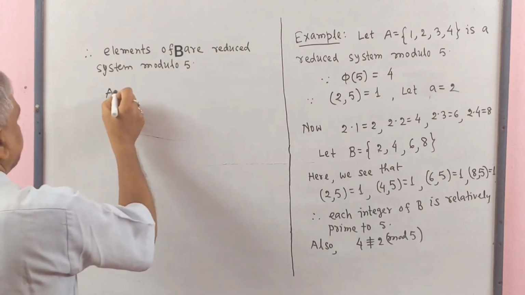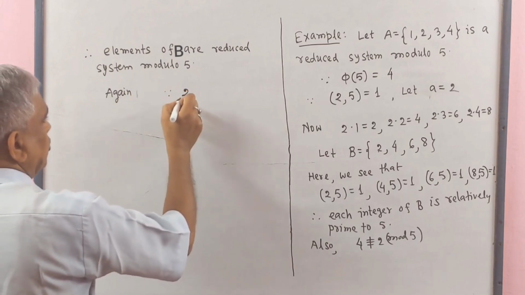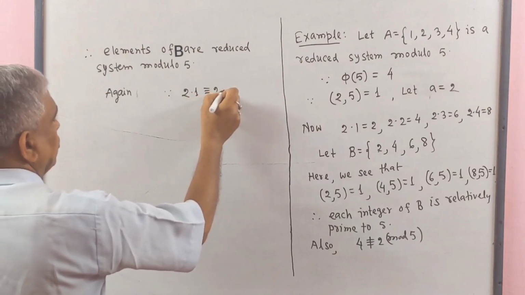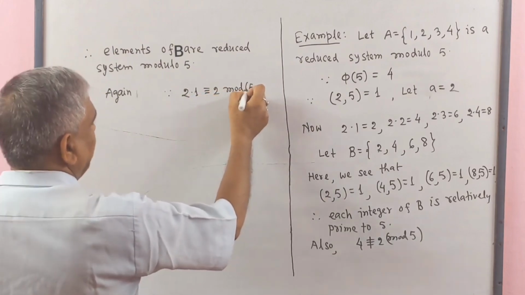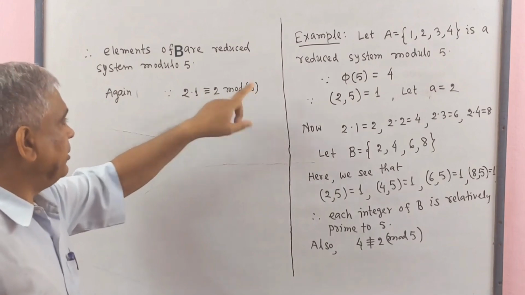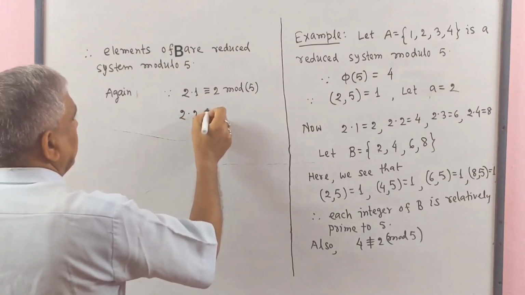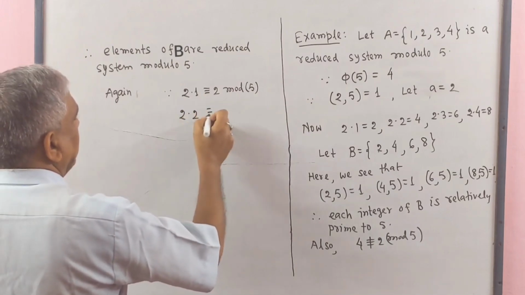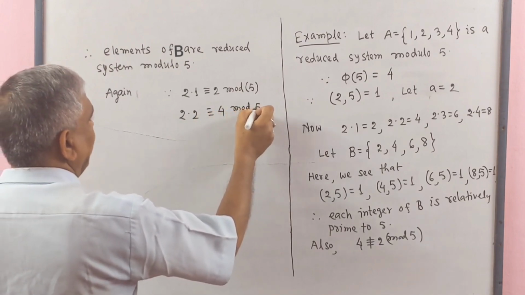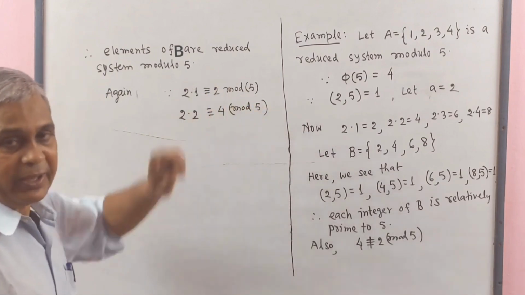Again, 2 multiply 1 is congruent to 2 modulo 5 because 2 minus 2 equal to 0 is divisible by 5. 2 multiply by 2 equal to 4 is congruent to 4 modulo 5 because 4 minus 4 is divisible by 5.